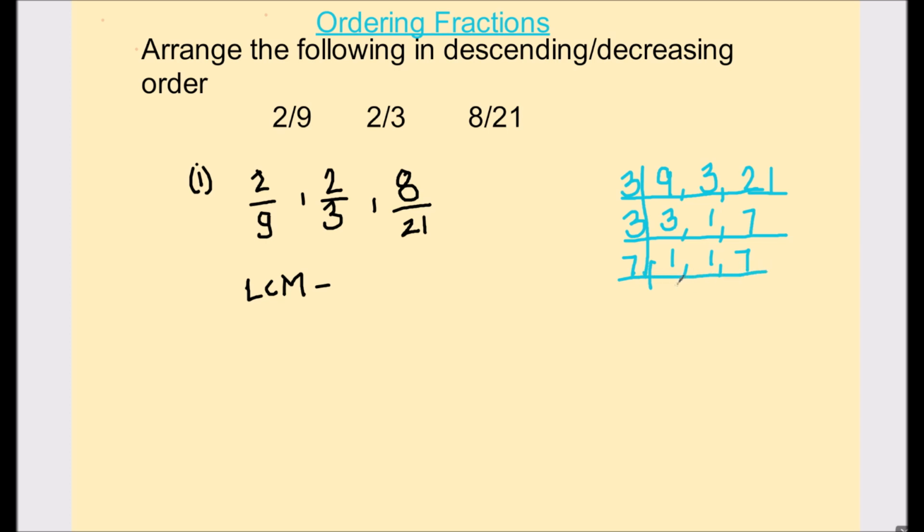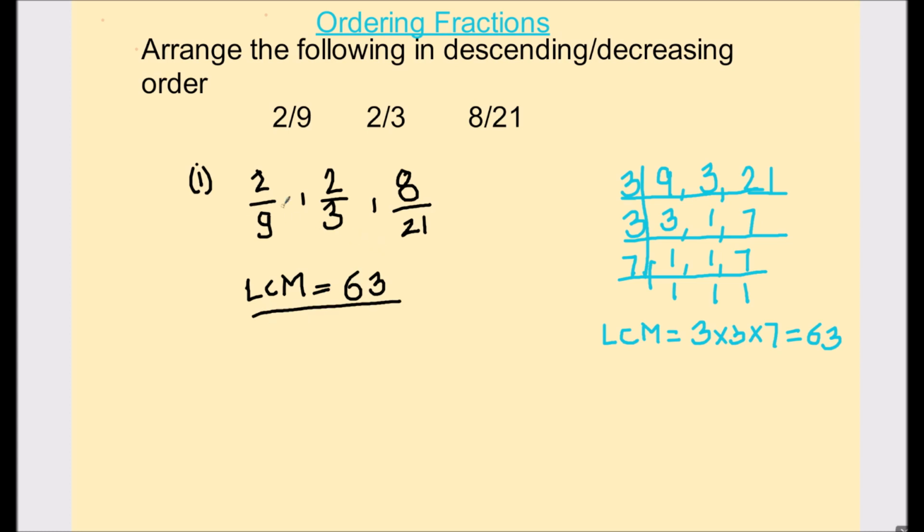So 7 times this is 1 and 7 times 1 is 7. So the LCM will be the product of all the numbers, which is 3 times 3 times 7. 3 times 3 is 9 and 9 times 7 is 63. So the LCM of the three numbers is 63.